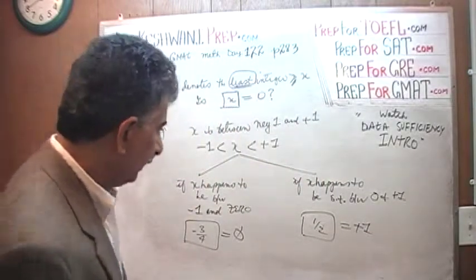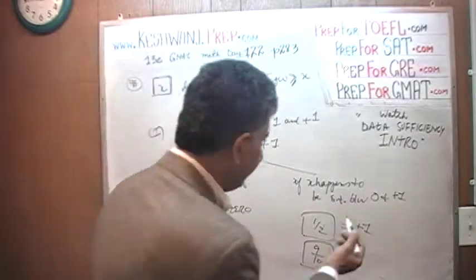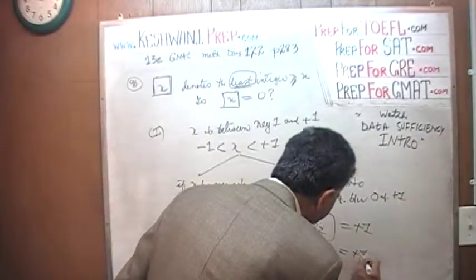If x happens to be 9/10, which is between 0 and 1, again the value is going to be 1.